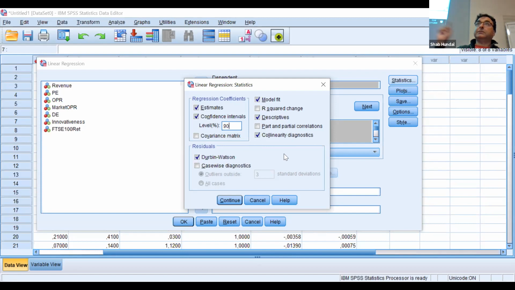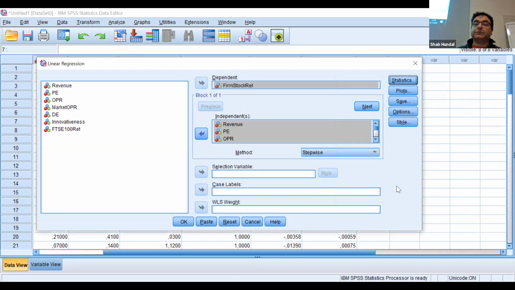I will explain again what it means. Estimate is a must. Confidence interval is a must. Descriptive, you may choose. Model fit, you may choose. And collinearity and Durbin-Watson are something you must choose. When you have all of them, then just go for continue.